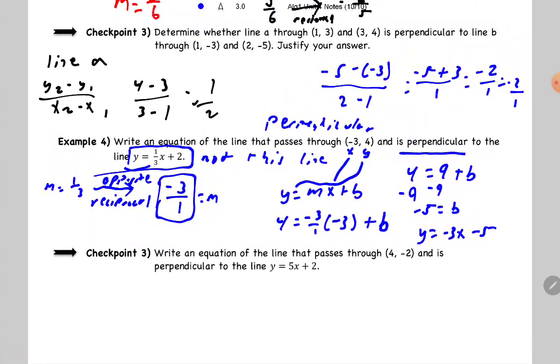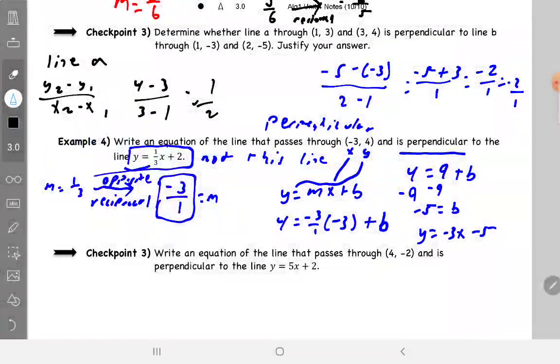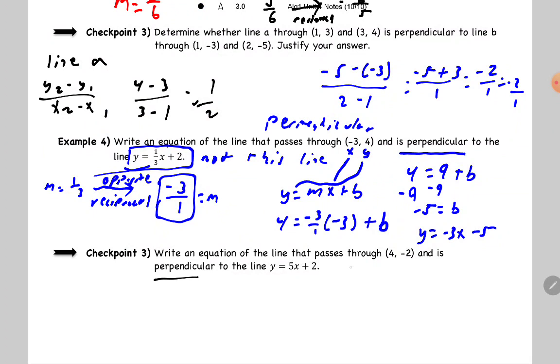Here we go. Last one. Write an equation of a line that passes through that and is perpendicular. Okay. Perpendicular. So this 5 is going to become opposite, which is negative, and then flipped, 1/5. Okay, and that's my slope. We're going to plug it into the equation y equals mx plus b.